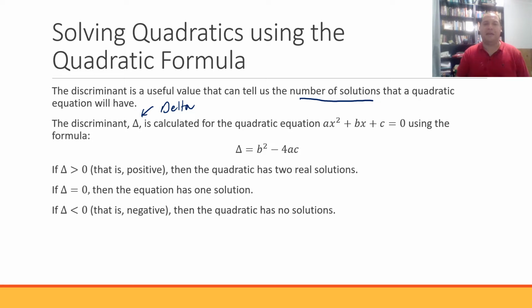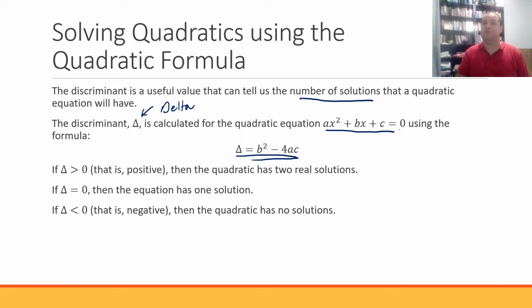It's calculated using values from a quadratic equation, ax squared plus bx plus c. So a is the coefficient of the x squared term, b is the coefficient of the x term, c is our constant. When that equation equals 0, the discriminant equals b squared minus 4ac.